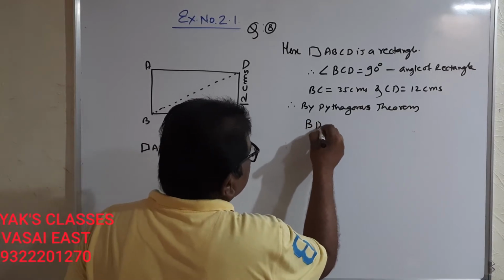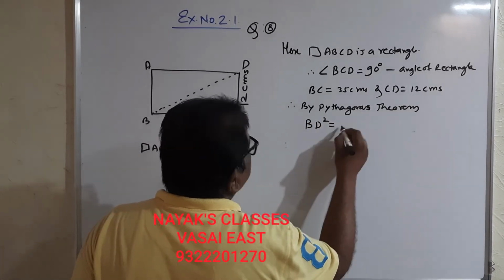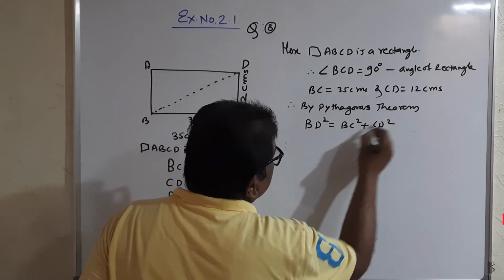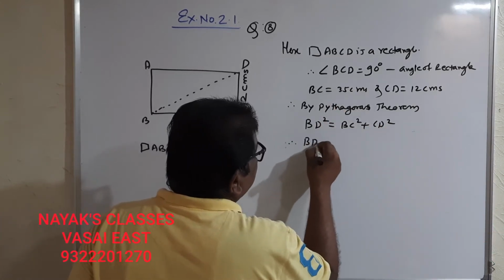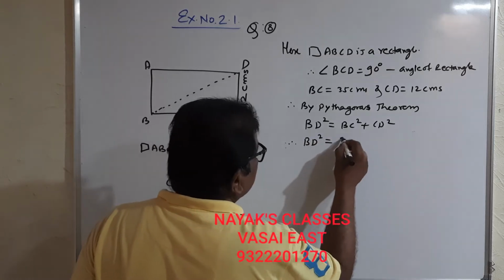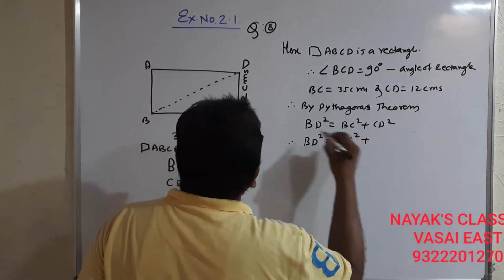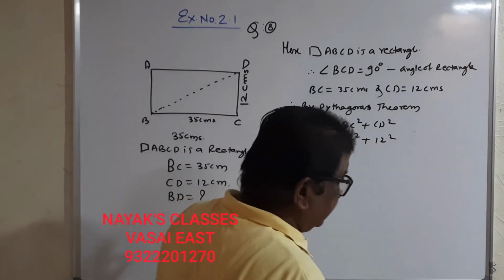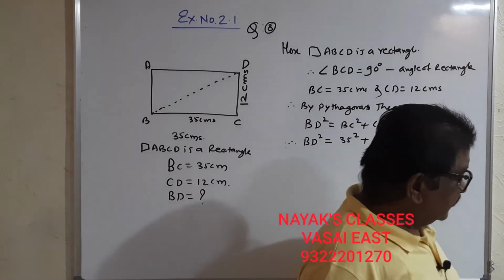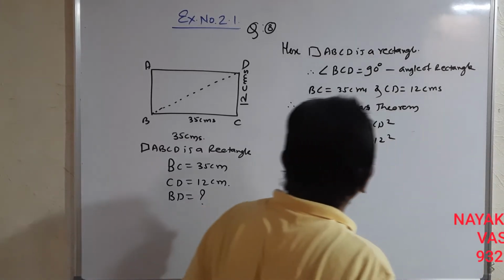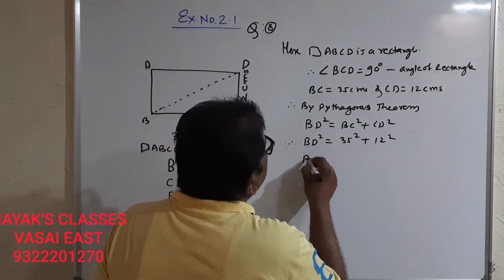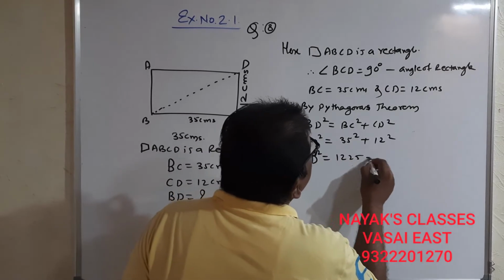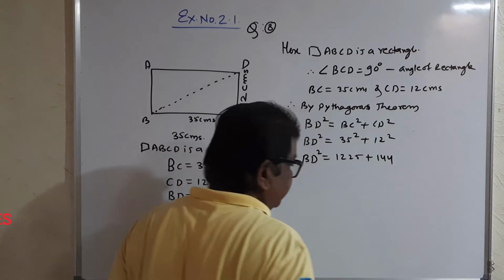BD square is equal to BC square plus CD square. So that means BD square is equal to 35 the whole square plus 12 the whole square, isn't it? So it makes it very simple. 35 square is 1225 plus 144.